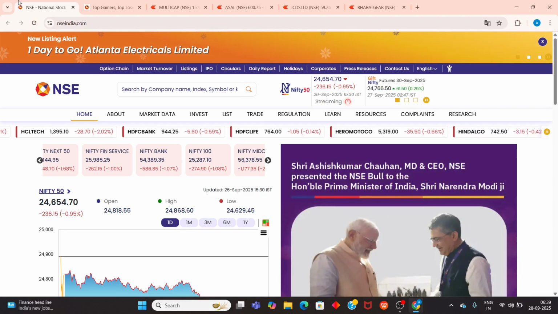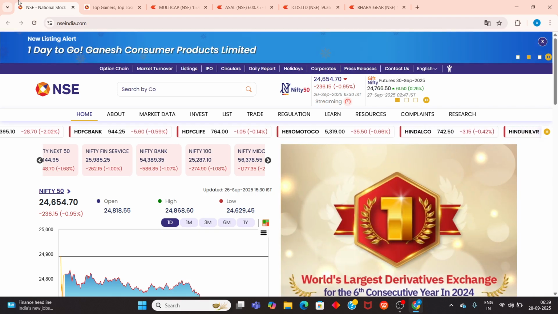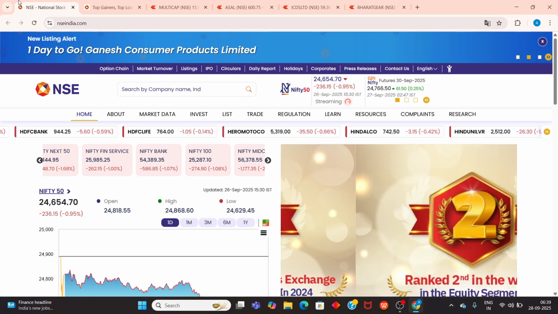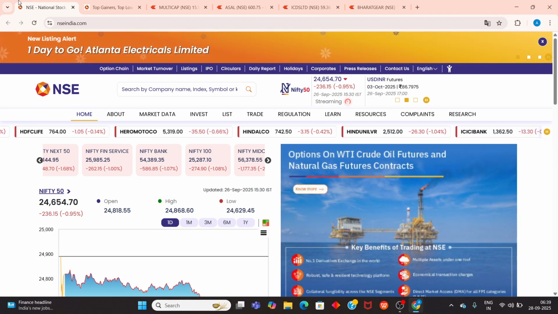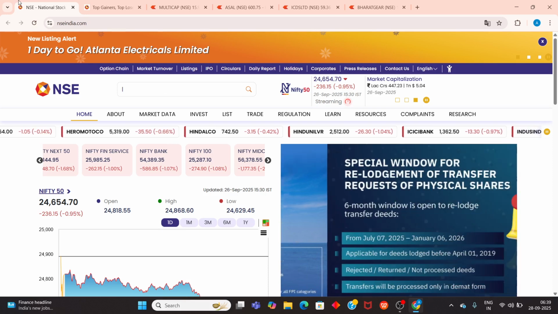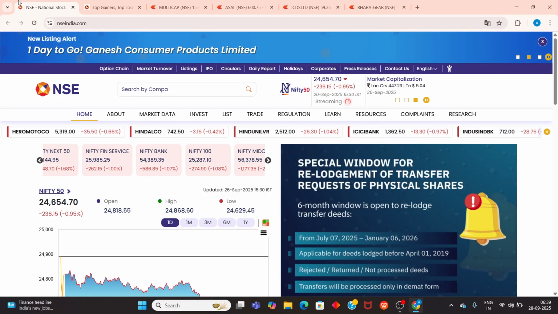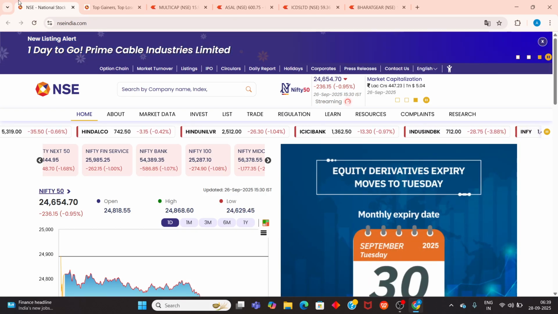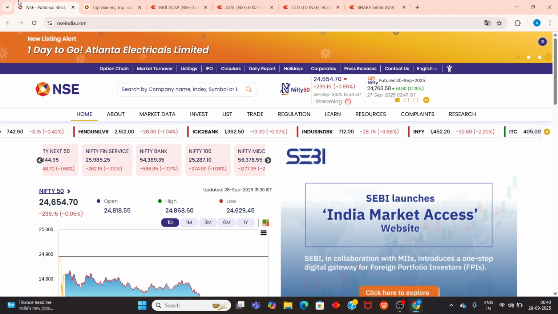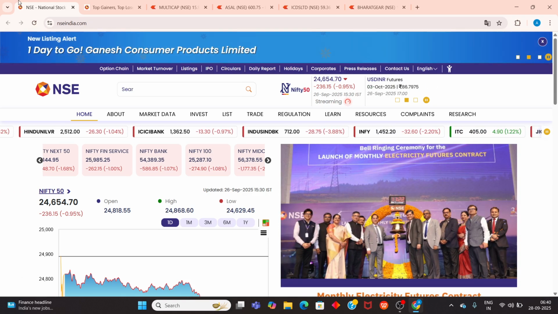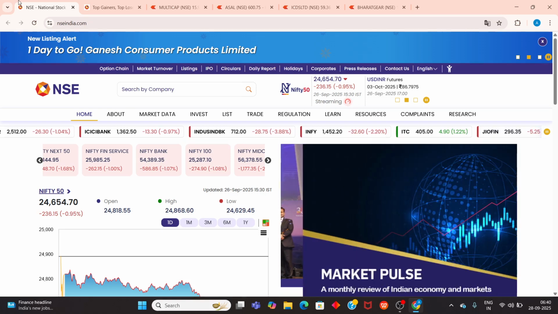The stock might also hit the lower circuit and upper circuit very easily. These are illiquid stocks, which attract attention only on a few days. Never buy illiquid stocks. Always look for stocks with good liquidity.